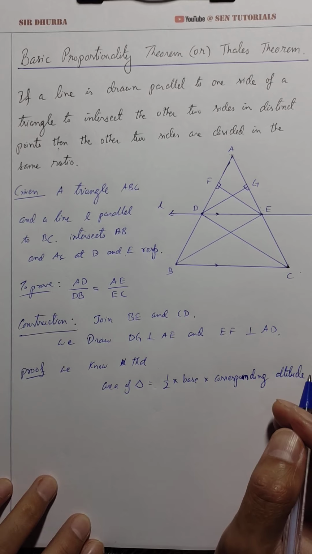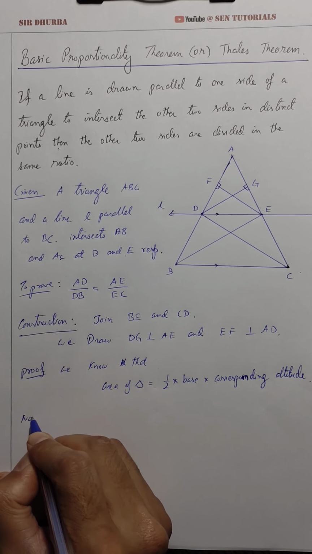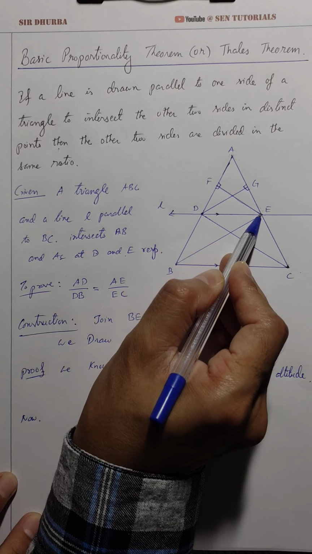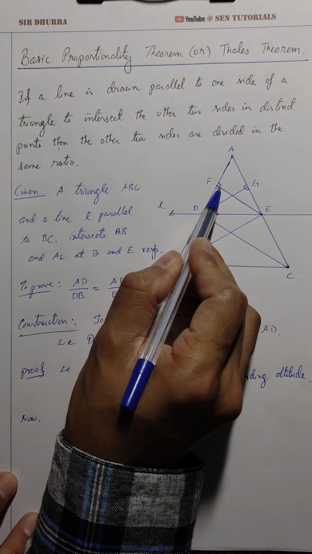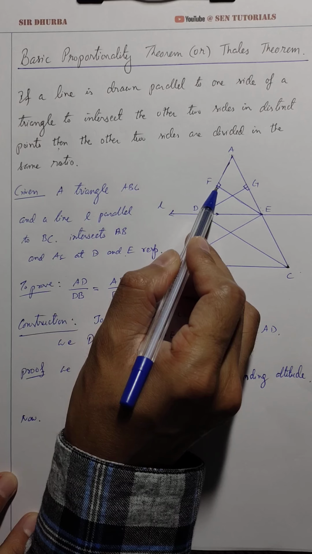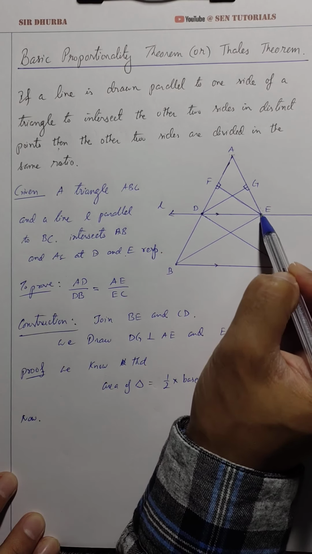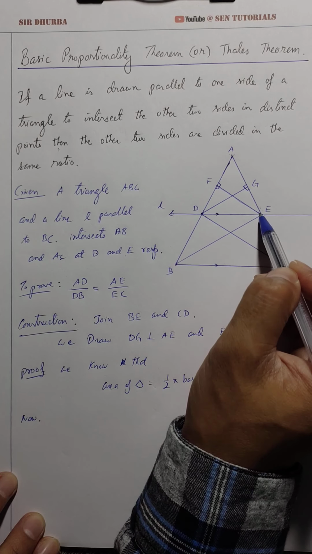Corresponding means whichever altitude we are deciding. So now I will consider the altitude AE. This AE can be considered as an altitude for two triangles. What will they be? ADE and BDE.